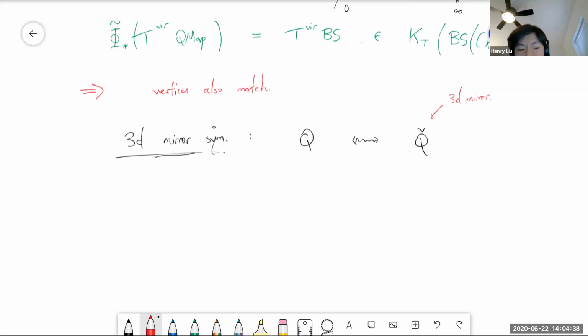And what do you do with this? Well, if you start with a quiver and you want to construct a Nakajima quiver variety, you have to pick some kind of stability condition, theta. This is a GIT stability condition.